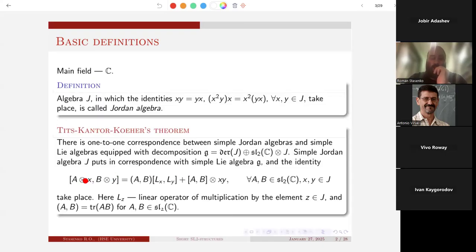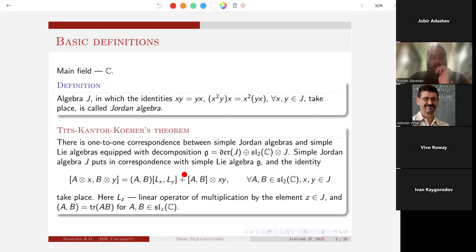If you want to commutate two elements of the second summand, you take the scalar product of the first factors a and b from the algebra SL2 and the commutator of the two linear multiplication operators which correspond to the elements of the Jordan algebra.